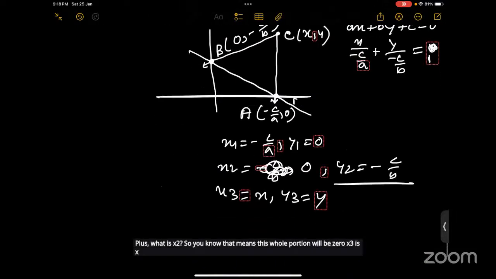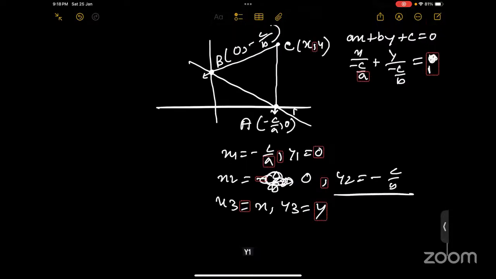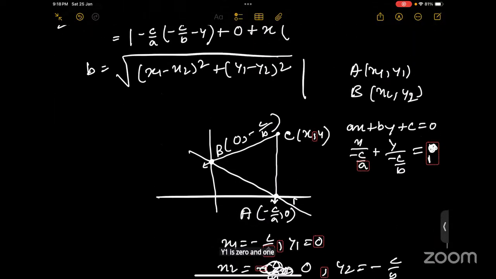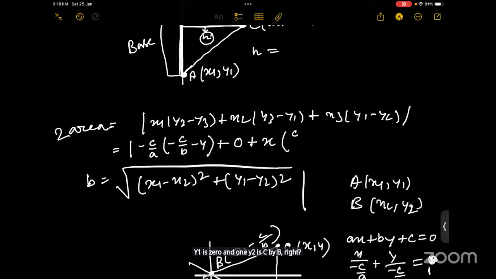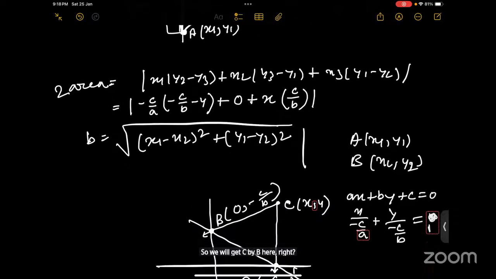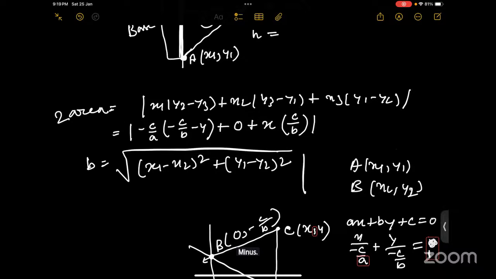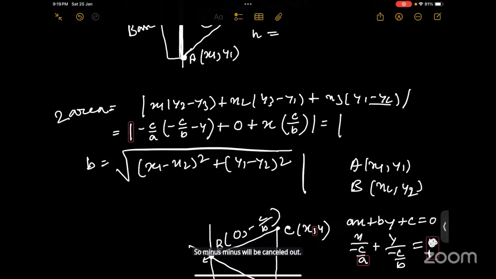What is y1? y1 is 0, and y2 is minus c by b, so we will get c by b here, right? Then, minus c by b, but we have minus y2, so the minus will be cancelled out. Then we have this.